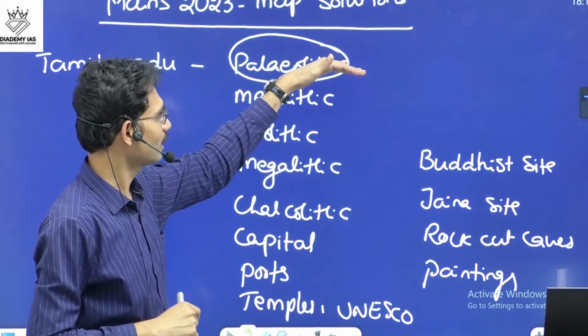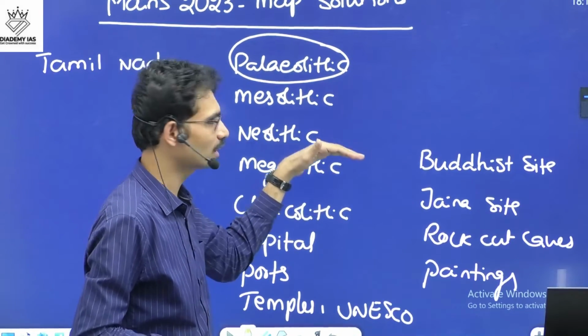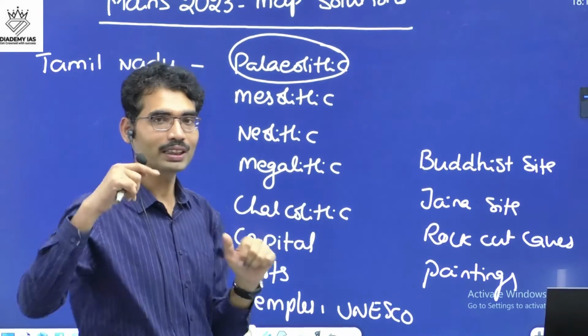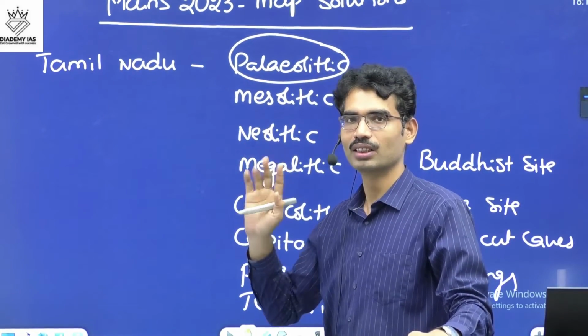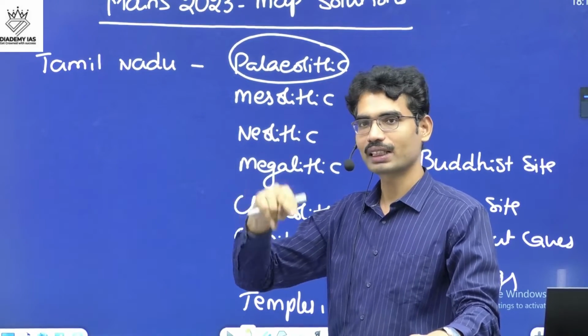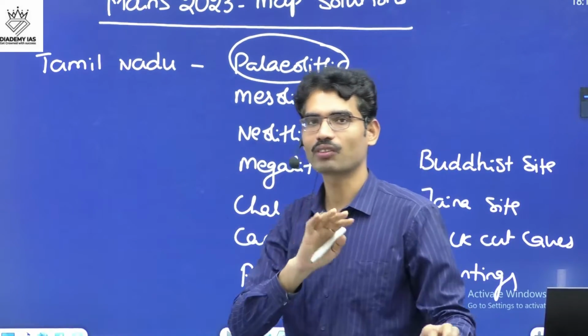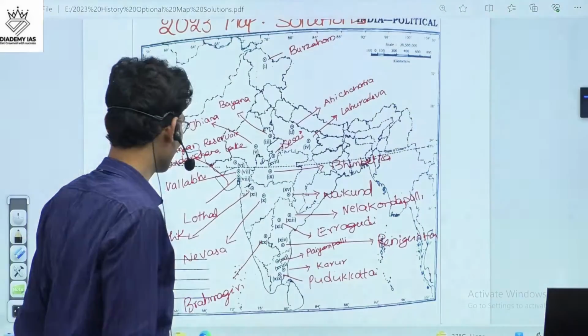All Paleolithic in one place, all Mesolithic, all Neolithic, you will go. But in the second line of preparation, you have to do this practice as well. If you do both levels, chronology-wise one level, second level state-wise, then your map will be completely safe. Now you can see how important that is.